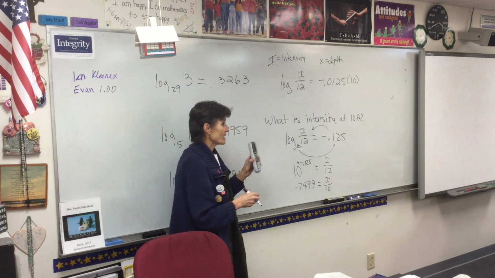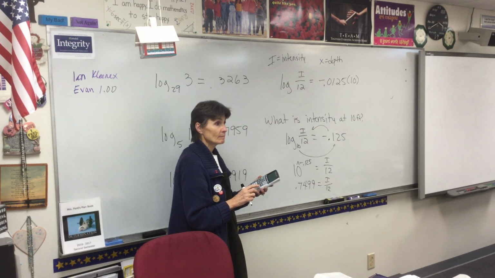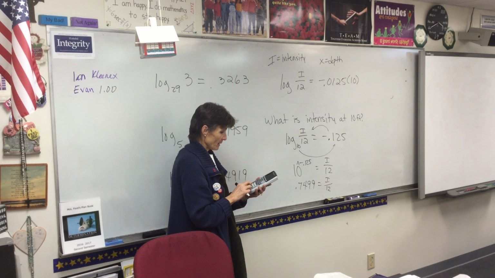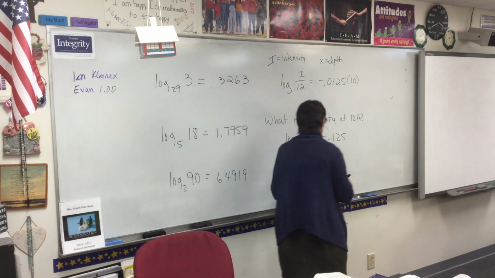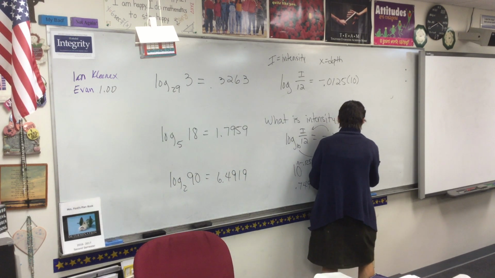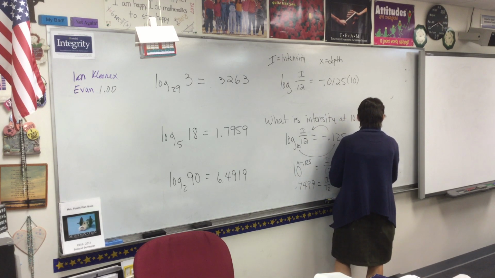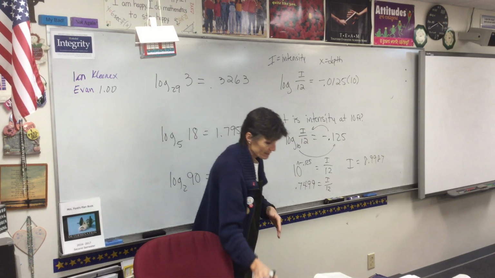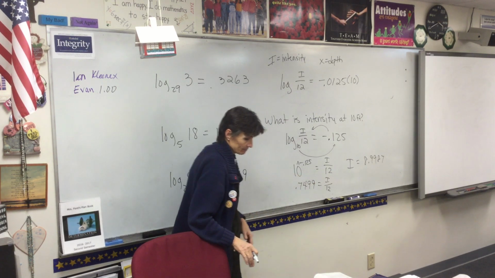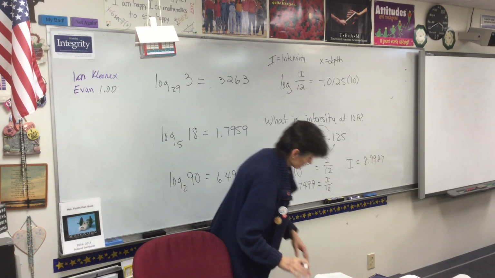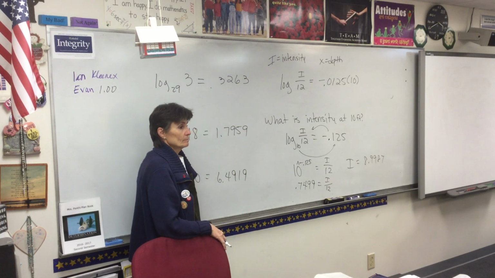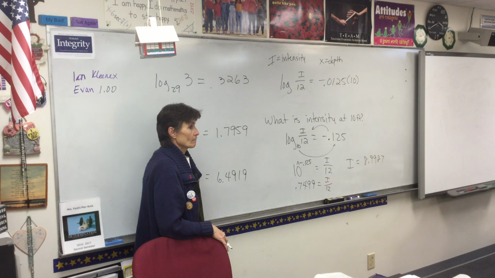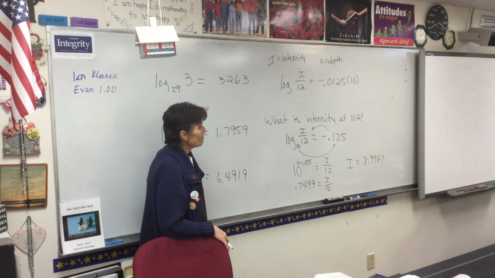So all you have to do is take that number and what? Multiply by 12. And the answer is 8.9987. That is your intensity. Okay, that wasn't too bad.